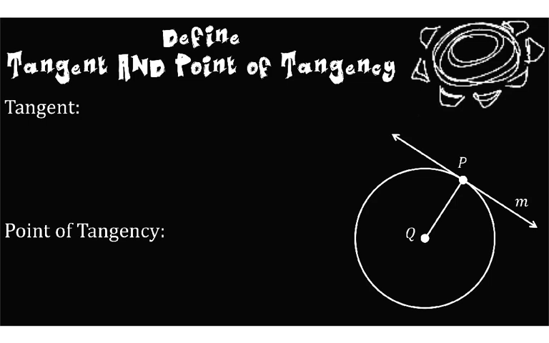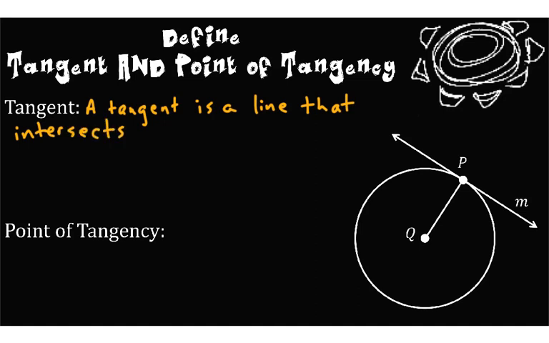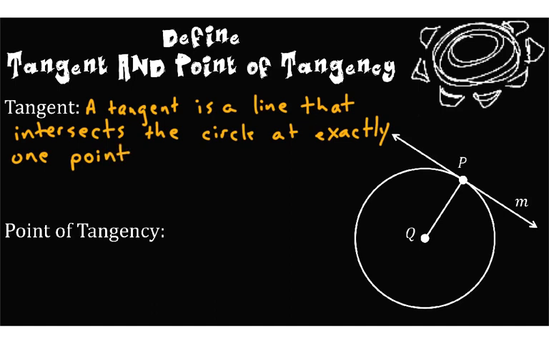So the definition of tangent. A tangent line, a tangent, is a line that intersects the circle at exactly one point, called the point of tangency.